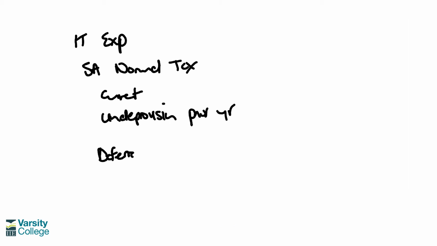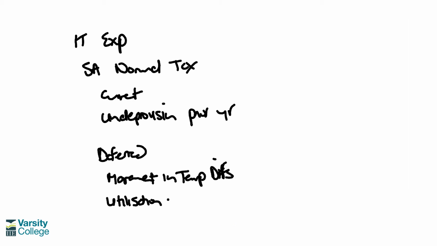And your deferred tax has got movement in temporary differences, and it's got the utilization of the tax loss. Both of those must be shown separately. And it's easier to just write them all down first, because you can just go and quickly pull the numbers from wherever else you've got them.